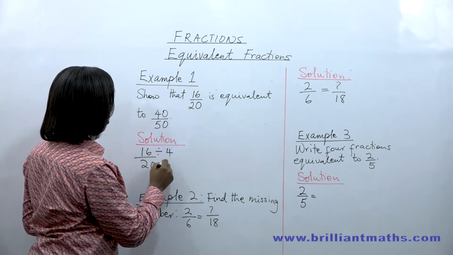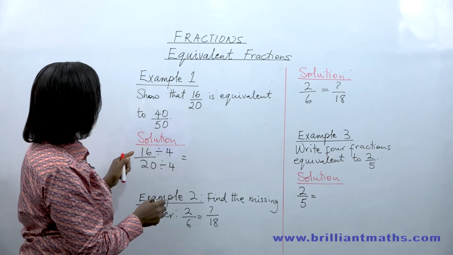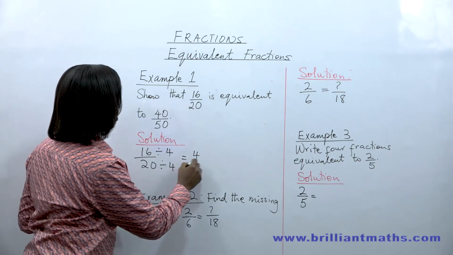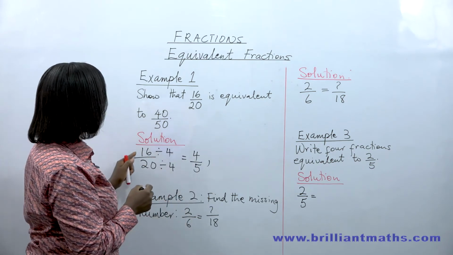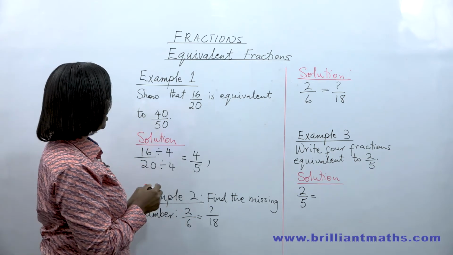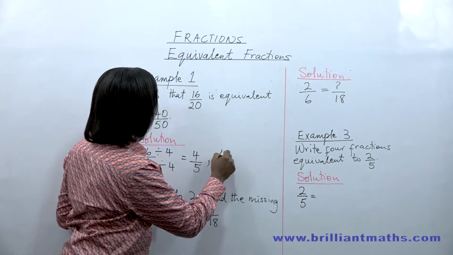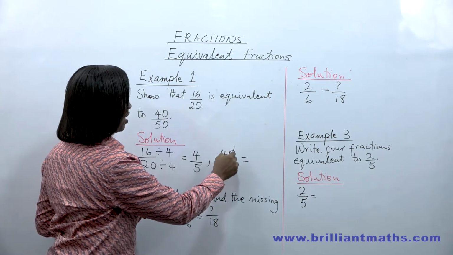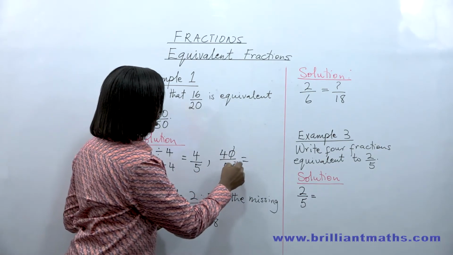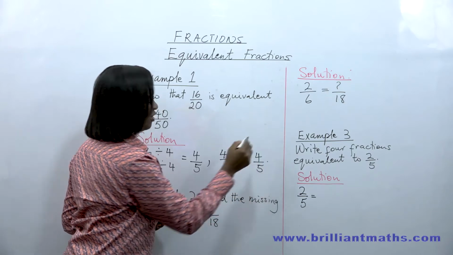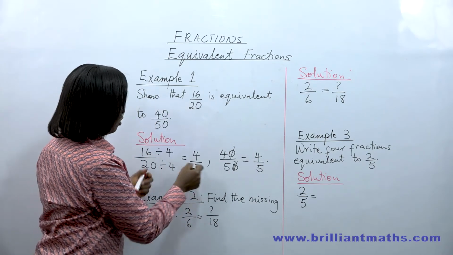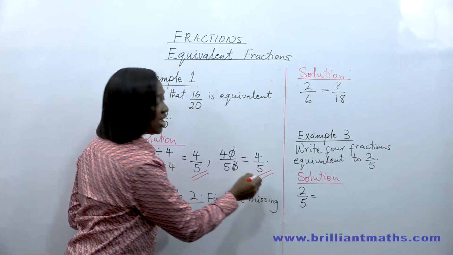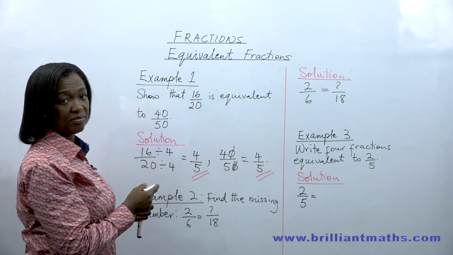So if we divide by 4, 16 divided by 4 is 4, and 20 divided by 4 is 5. So 16/20 in its lowest term is 4/5. And also, we know that 40/50 in its lowest terms, if you divide both of them by 10, is 4/5. So both of them are equal to 4/5. So we can say that they are equivalent. So we've just shown that.